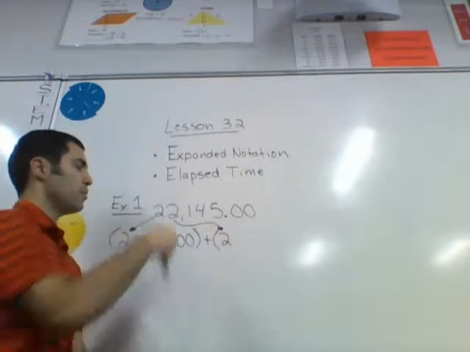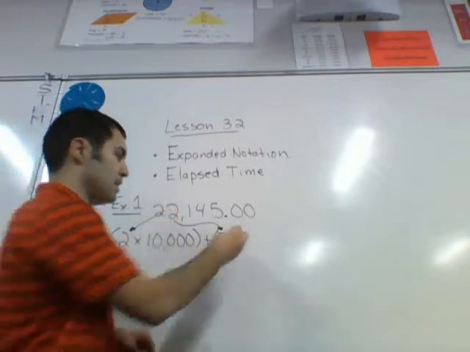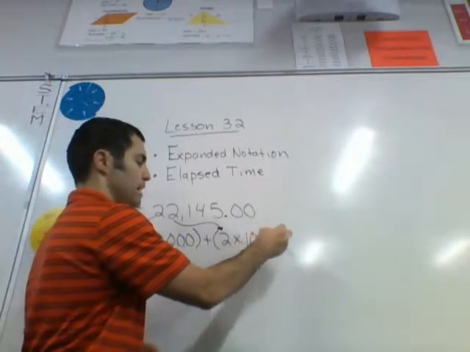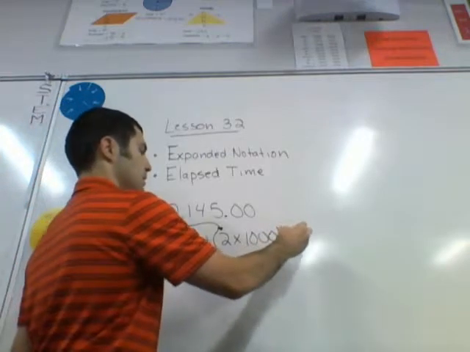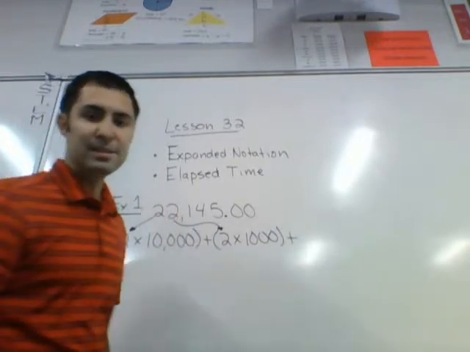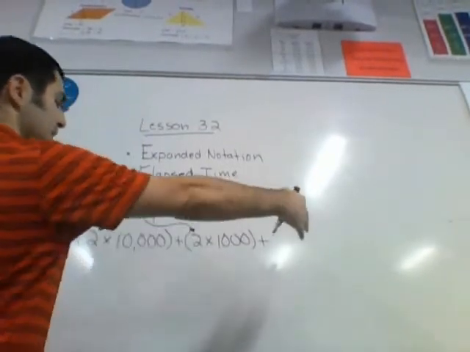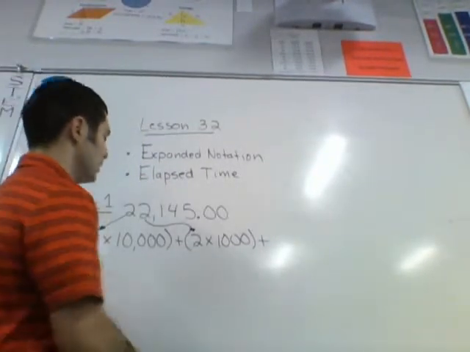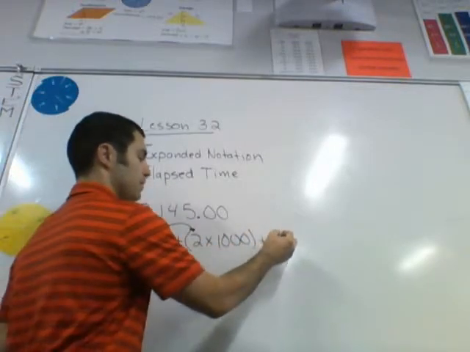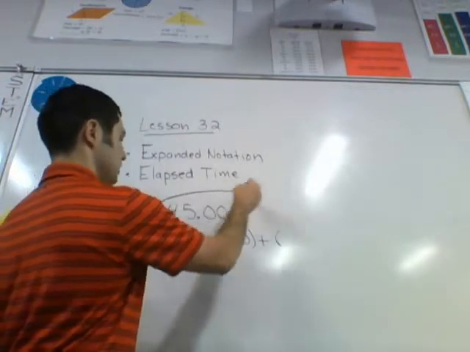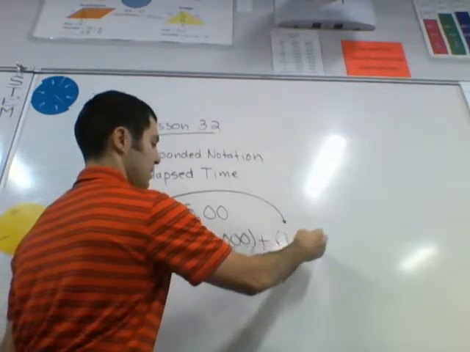This 2 came from the 2 in the 1,000 spot. So since this 2 is in the 1,000 spot, then I'm going to multiply it by 1,000. Okay? This is why they call it expanded notation, because it expands out large. So I'm going to be running out of room here in a second. But the 1 is in the hundreds spot. So this 1 goes right there, and multiply that by 100.